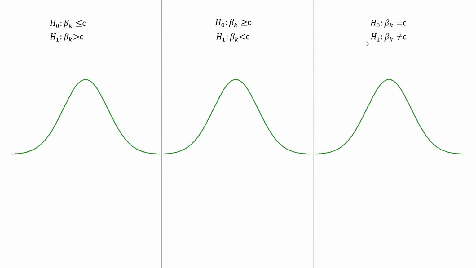If we test whether beta equals some value versus not equal, it means it can be greater or lesser than that value. So this type of test we call two-tail.